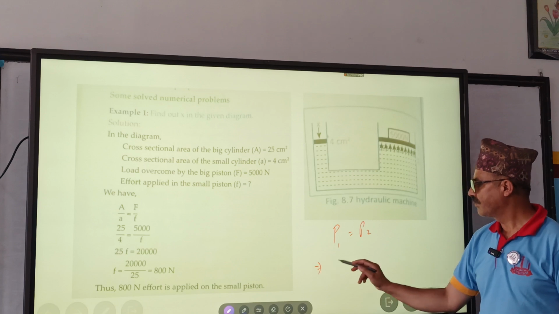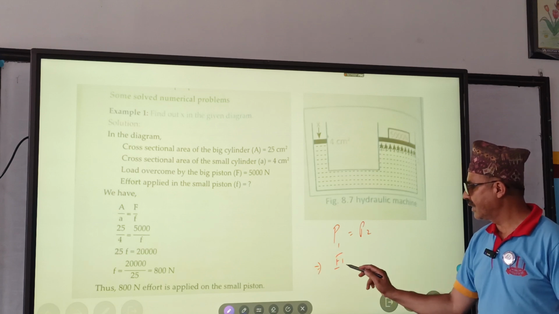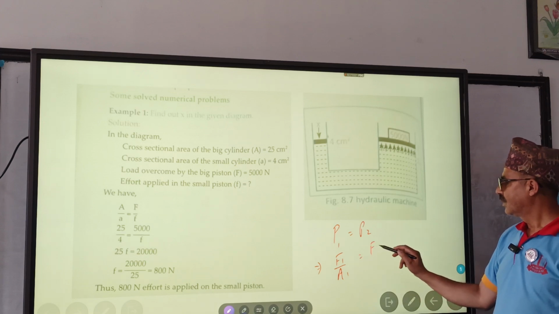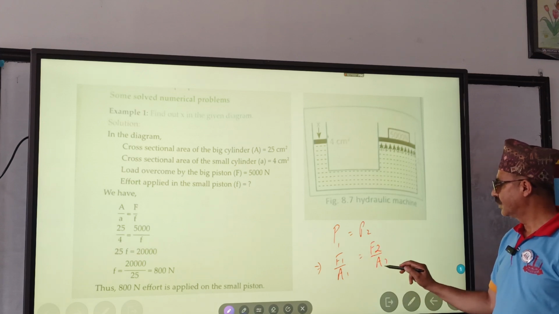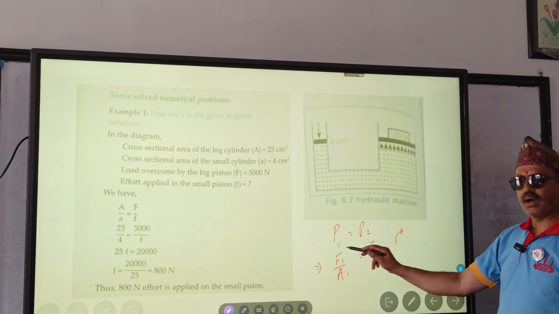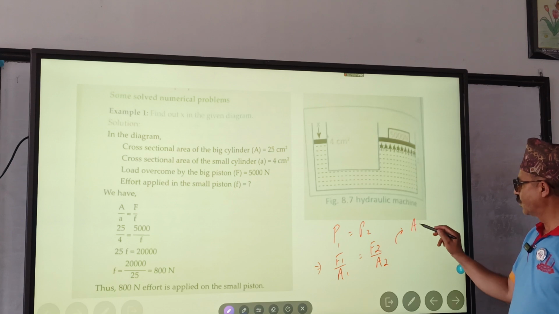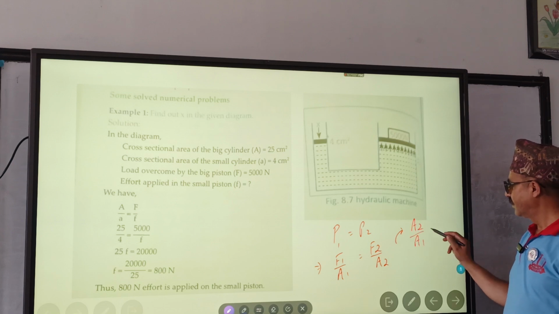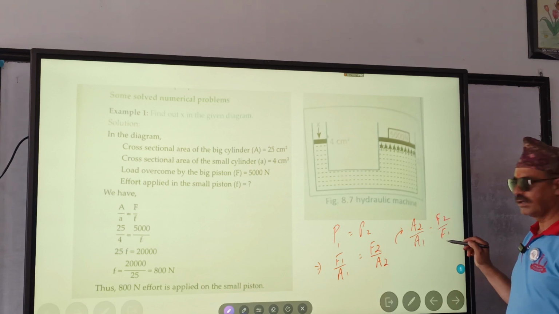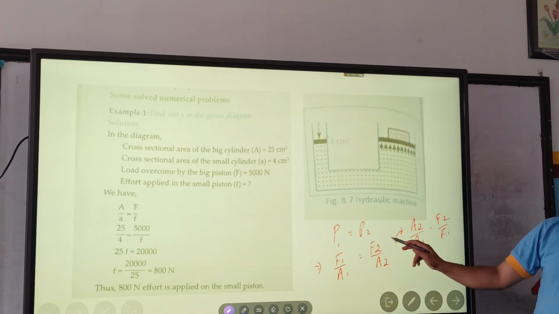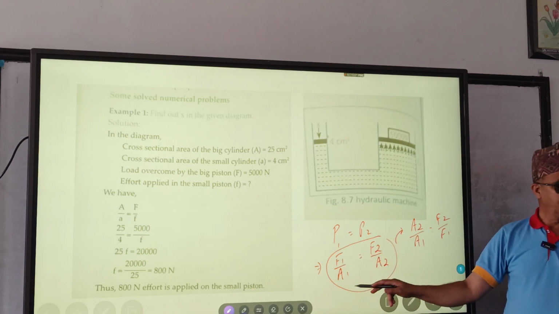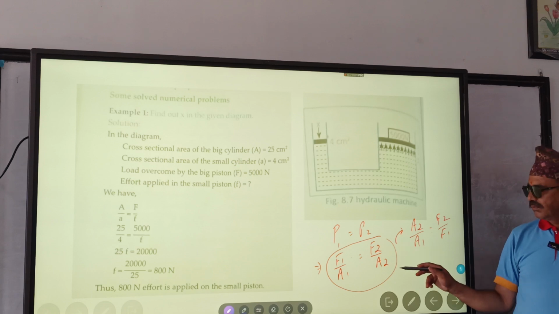P1 is F1 by A1 and P2 is F2 by A2. If we write this, A2 goes up by A1 equals F1 comes here, F2 by F1. This is the formula we got at first.